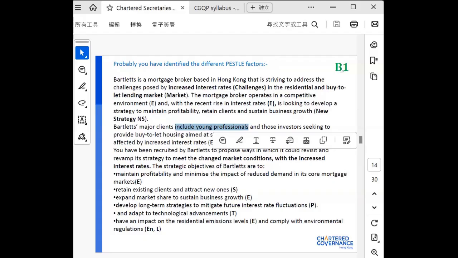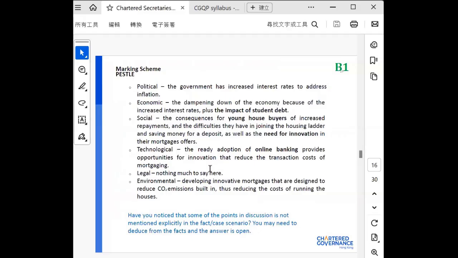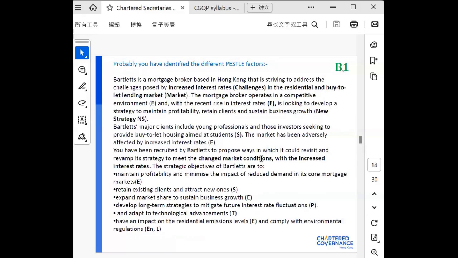But if you look at the answer, somewhere it mentions the impact of student debts. Now, obviously, if you read the whole thing, the impact of student debt was not mentioned.